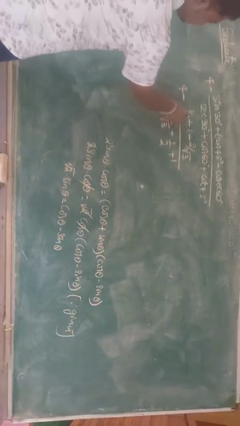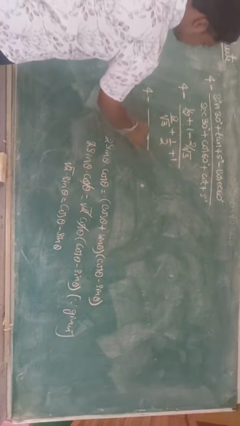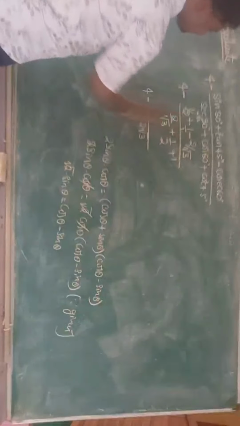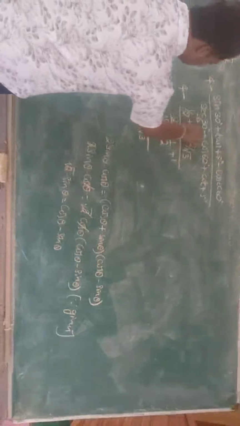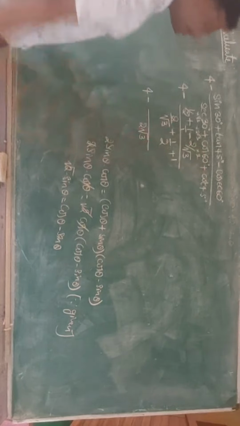4 minus the LCM in the numerator, the denominator is 2 root 3. 2 root 3 ones are 2 root 3. Here 1 is the denominator, so 1 into 2 root 3 is 2 root 3. And here root 3 is already there, so 2 are.